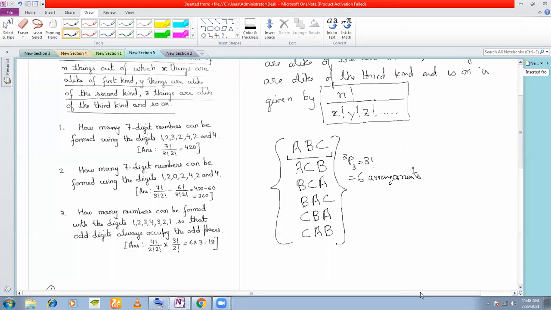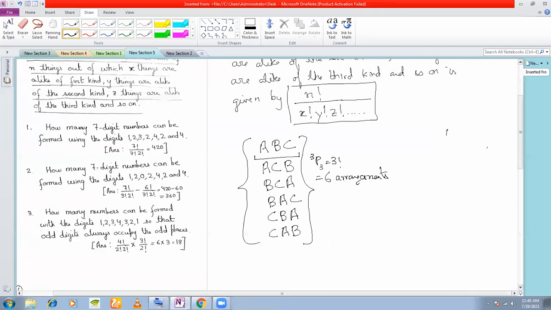Now see, if I take 2 things alike, suppose 2 things are A and another is B, then the number of arrangements are going to reduce, because these 2 are the same. So this is your first arrangement. The next arrangement can be this, and the next can be this.